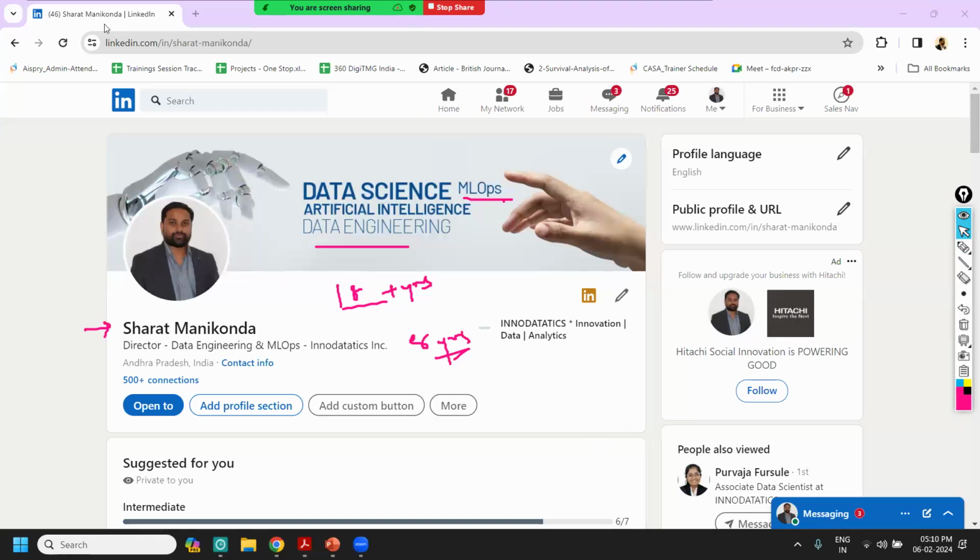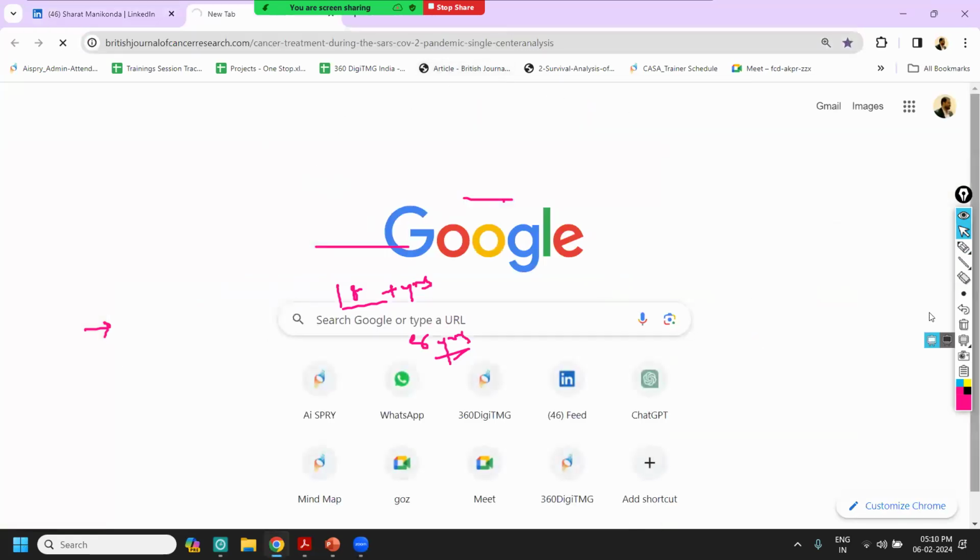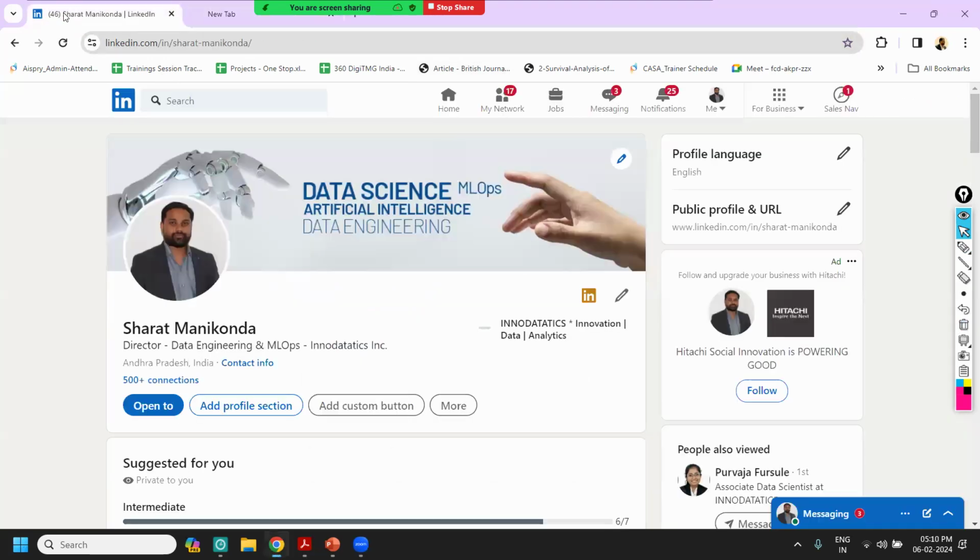And in order to explain my credentials, I would show you one of my works which got published in the British Journal of Cancer Research. Now, my education background is all computers. Everything is from computers only, and I've been in the IT industry only.